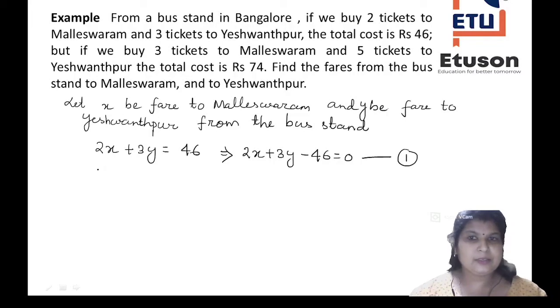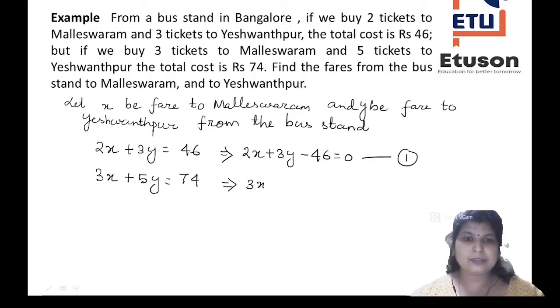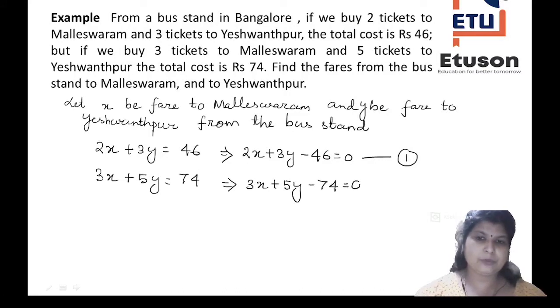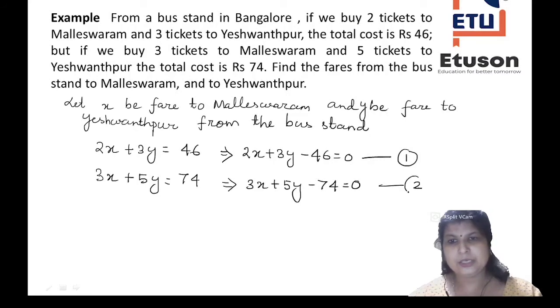Second equation is 3 tickets to Malleswaram and 5 tickets to Yeswanpur. So 3x plus 5y is equal to 74. It implies 3x plus 5y minus 74 is equal to 0. So this is your equation 2. So you have written it in the generalized form.